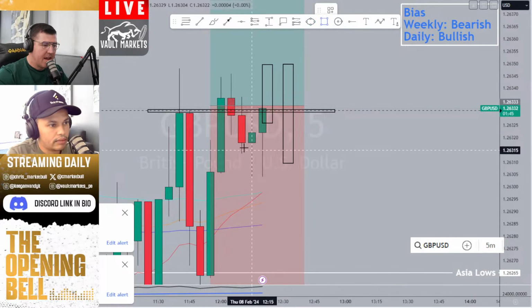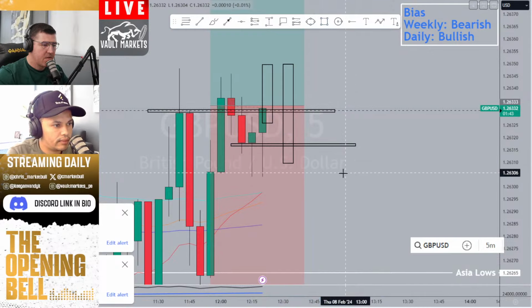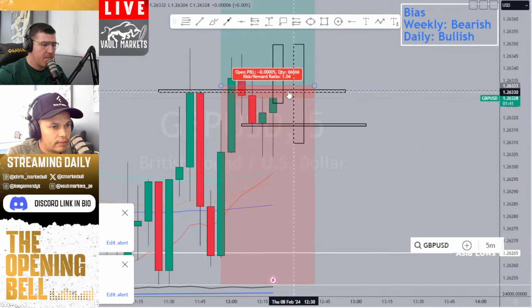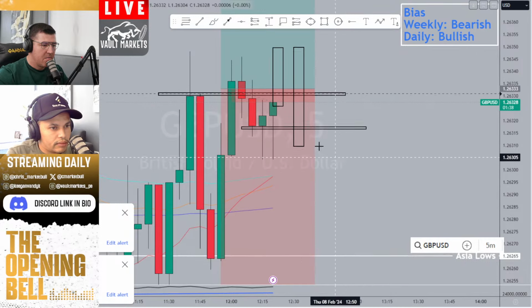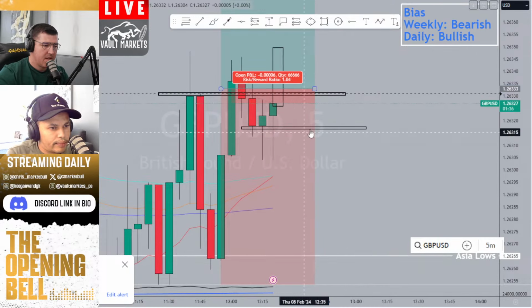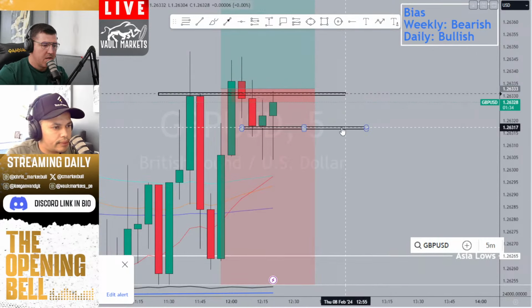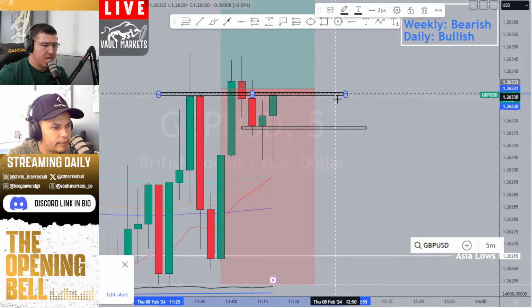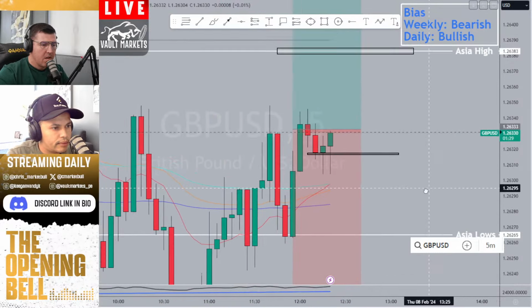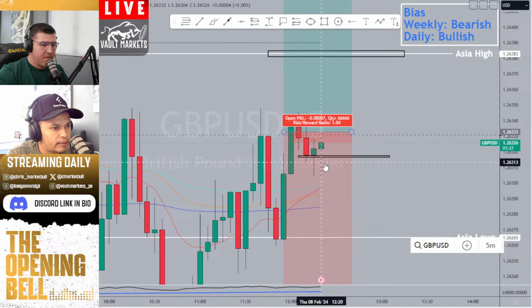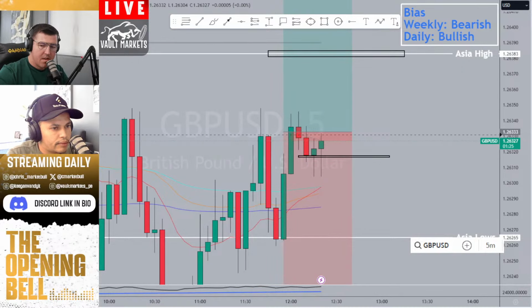That's the only time I will manage risk. Then we're starting to create some type of top, and then we've got this little minor structure break to the downside, which we don't want to get stuck in. So I would love for it from here to just go there, go break even, and have a nice little risk-free trade here. Let me just set my TP here.